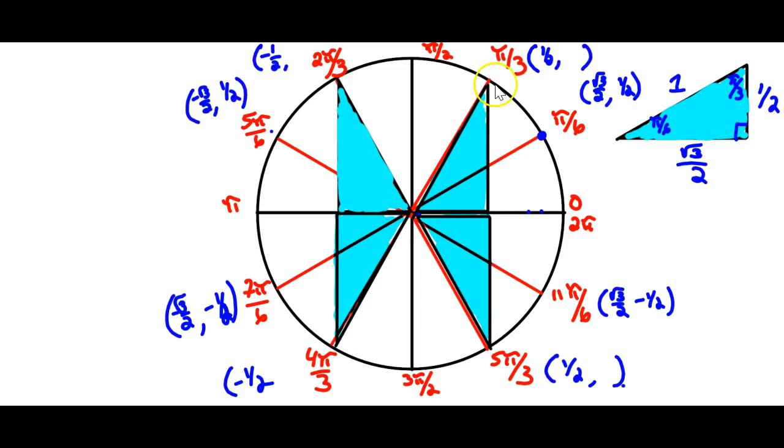Now, the long side of the triangle we know is square root of 3 over 2. So I'm going to go up square root of 3 over 2. That's a positive because I went up. Here I'm going left, negative 1/2, up square root of 3 over 2.